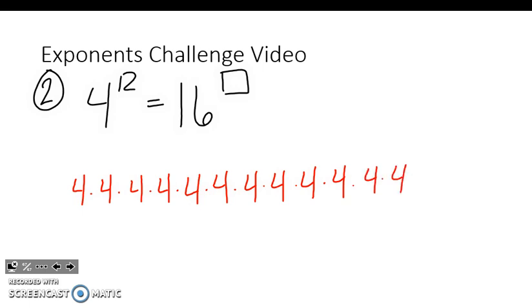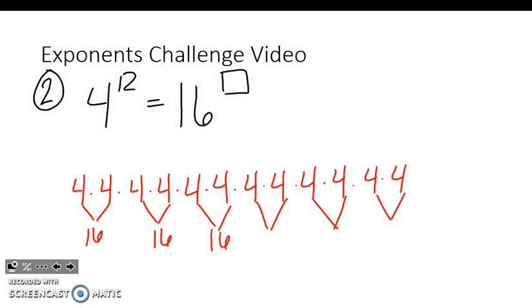Okay, so I know that in order to have a base of 16, I would need to have 2 of those 4s multiplied together. So I need to figure out how many 16s make up these 12 4s. So 4 times 4 makes up 16.